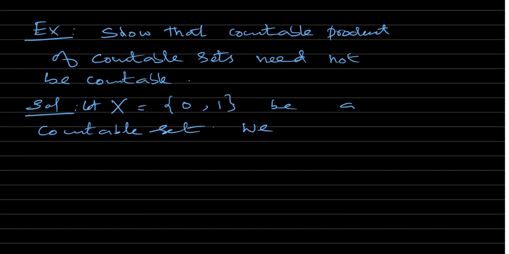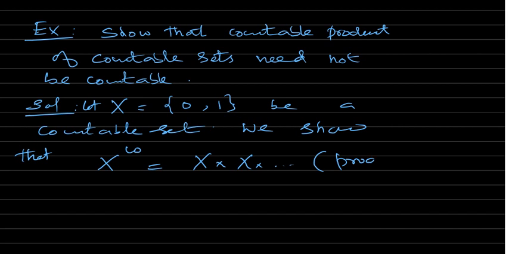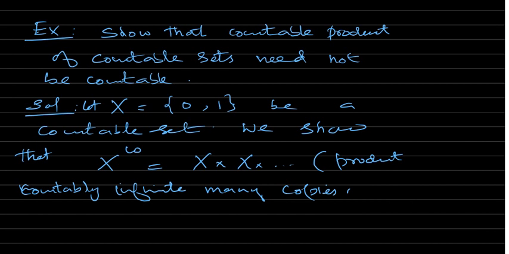We show that X power omega, that means the product of countably infinitely many copies of X with itself, is an uncountable set.